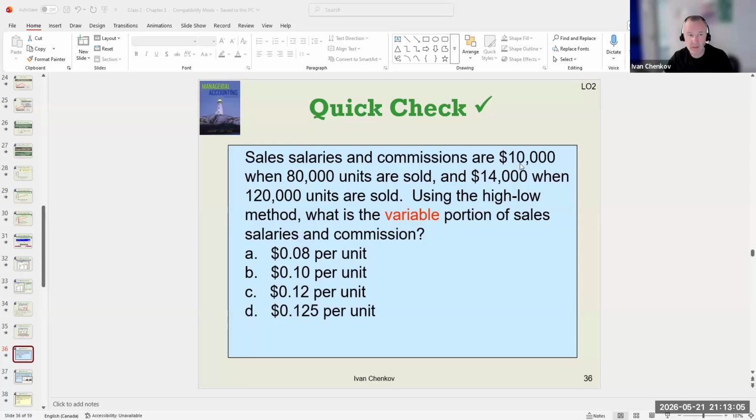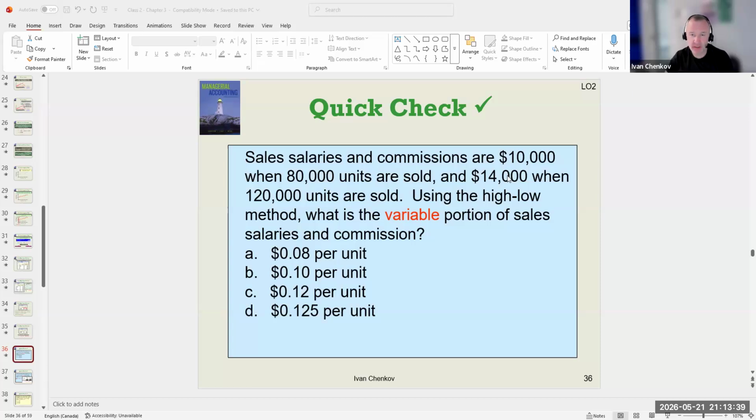What's the difference in the cost? 4,000. What's the difference in the units? 40,000. Okay. So which one is numerator? Which one is denominator? Which is in cost per unit, correct?